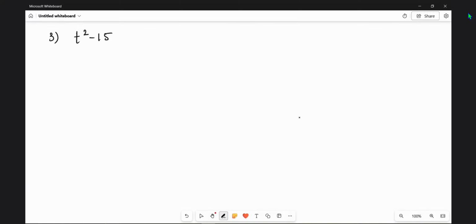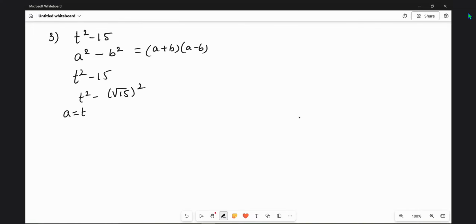T square minus 15 is in the form of a square minus b square. So a square minus b square is what? A plus b into a minus b. That is t square minus 15. I can write it as t square minus root 15 whole square. And when you compare, a is equal to t and b is equal to root 15.